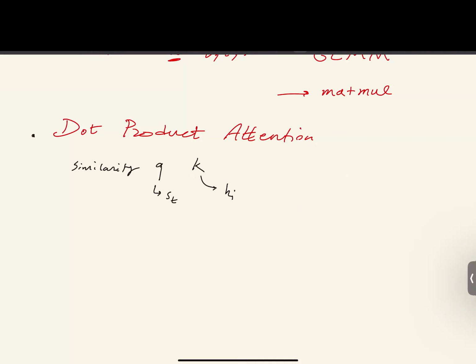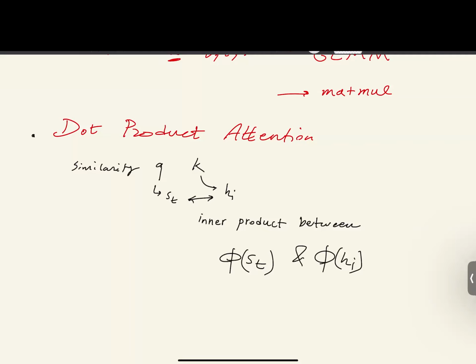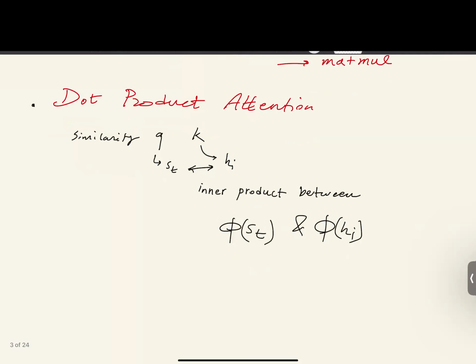But we want to do it in a way that when we are computing this pair attention, we only use inner product between S_t and H_i, or some function of them. I mean, we can do any operation we want as long as it's on them separately, not under interaction. So let's call these functions phi, okay? If we have this, then we can just compute the inner product.